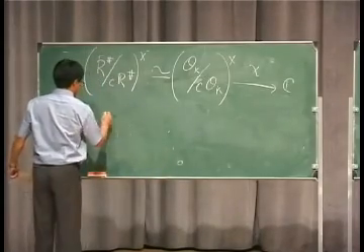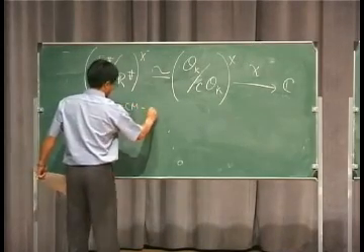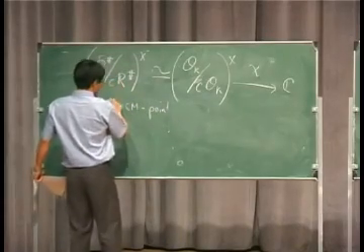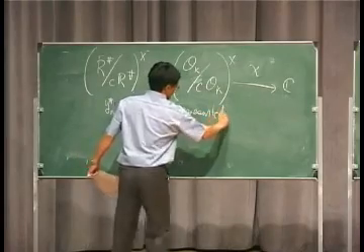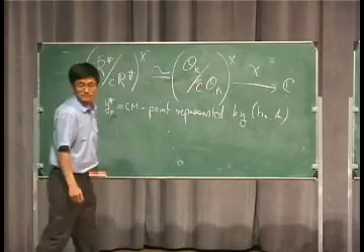So let y0, for example, be the CM point represented, let me say y sharp, represented by h0 and 1, the canonical one.